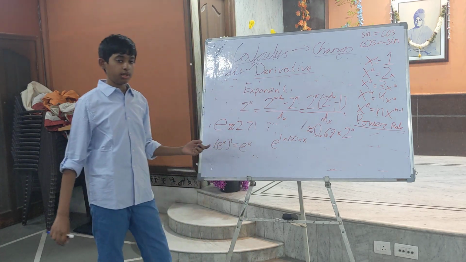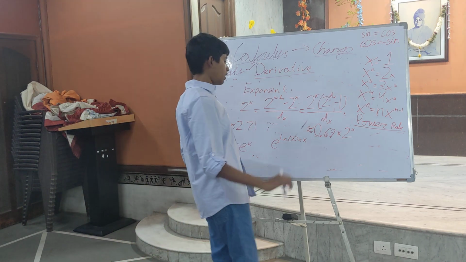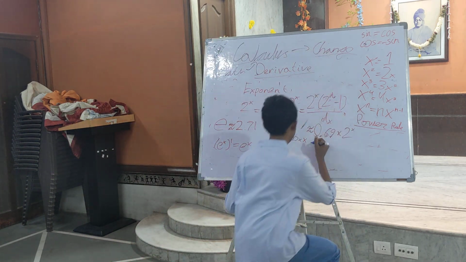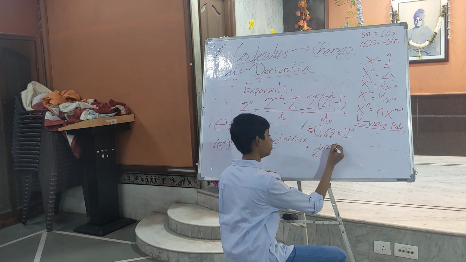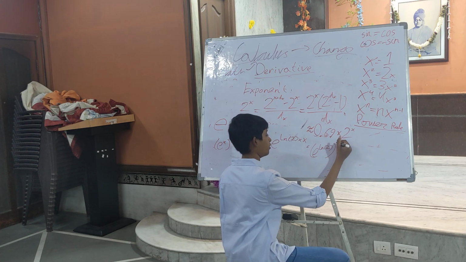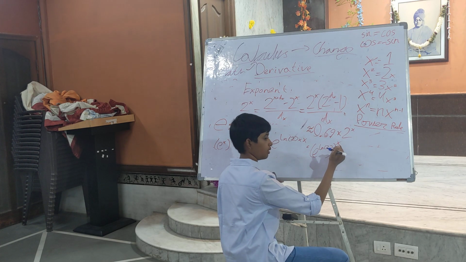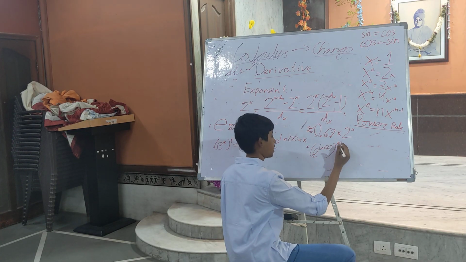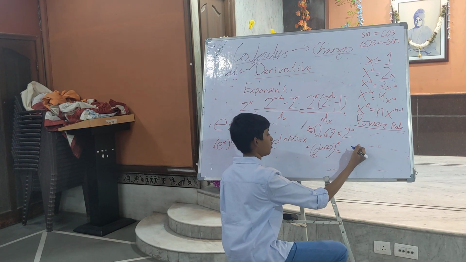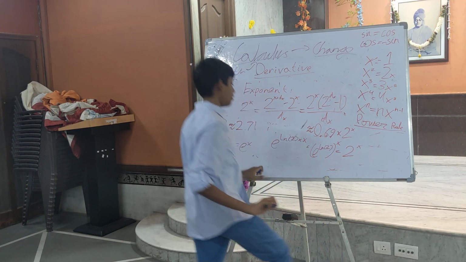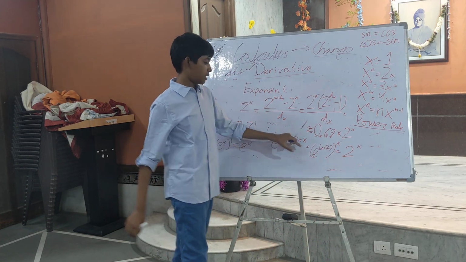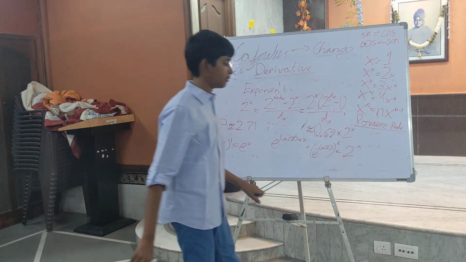If you know exponent laws, you can expand this to be equal to e to the power ln of 2, the whole raised to the power x. But this section is going to be 2 by definition. So we get 2 to the power x. So e to the ln 2 times x is equal to 2 to the x.